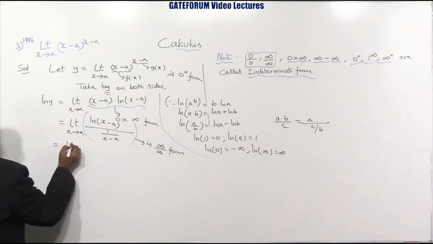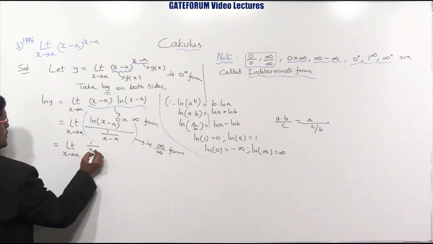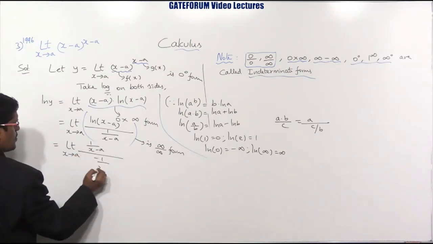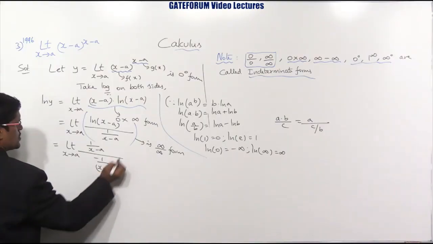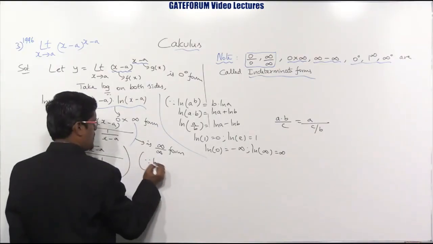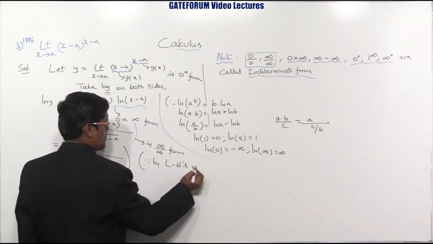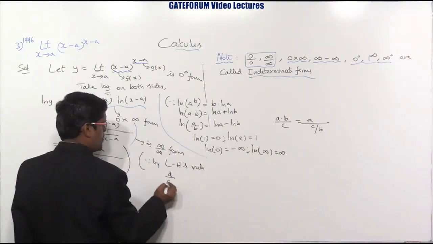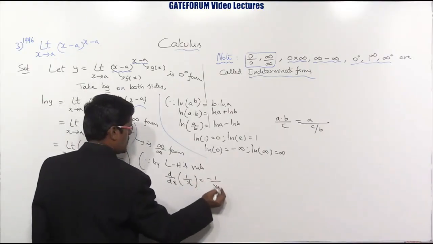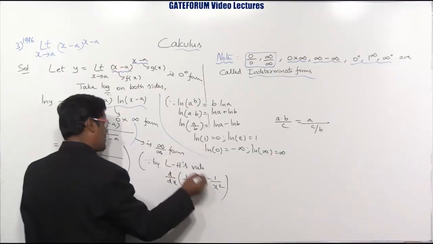This is equal to limit x tends to a of the derivative of log, 1 by x minus a, divided by the derivative with respect to x of 1 by x minus a, by L'Hospital's rule. d by dx of 1 upon x is equal to minus 1 by x squared, comparing with x power n, which gives n into x power n minus 1.